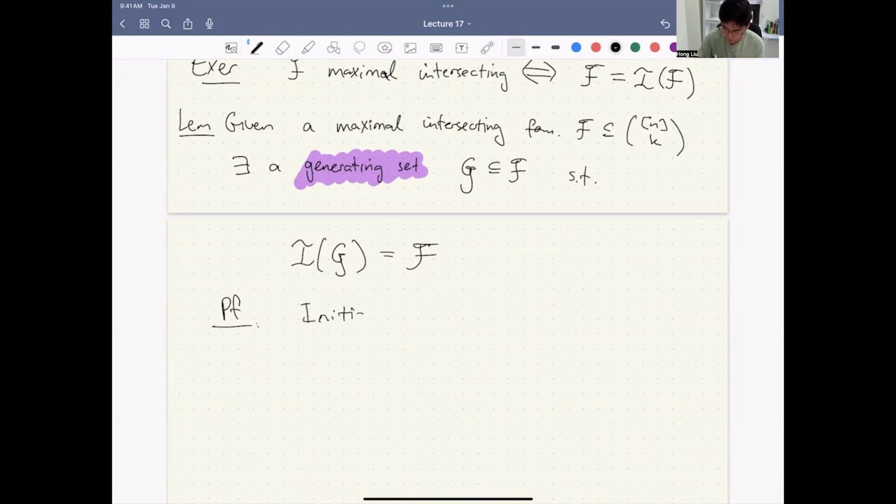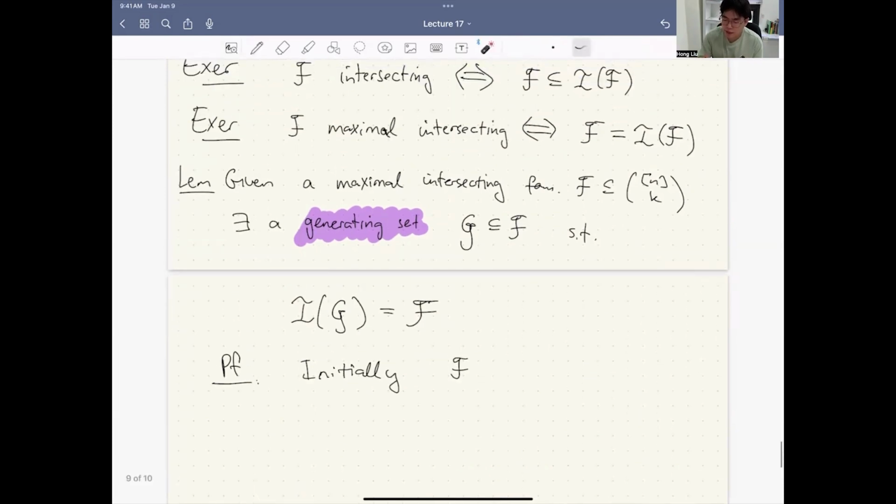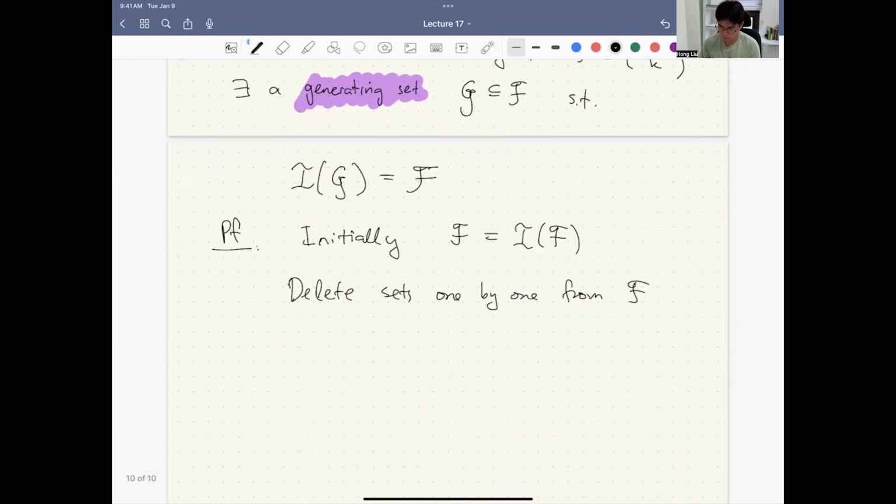Initially, F, by this exercise, it's maximal intersecting, so F equals I(F). Okay, now we're going to delete sets one by one from F. So let's call this F0, which is F, and F1 means with one set removed.